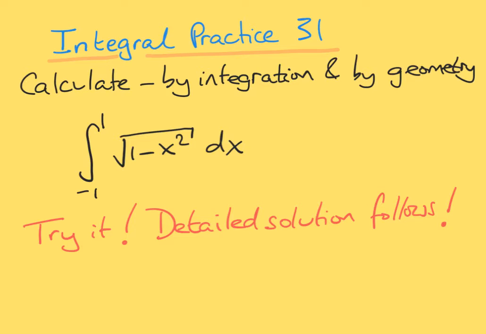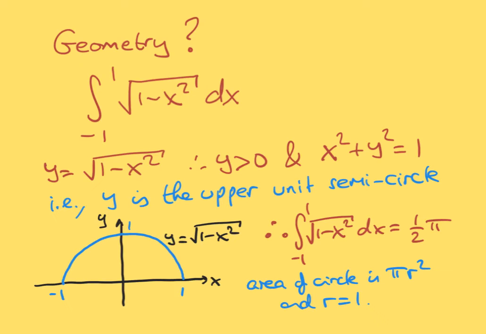Okay, welcome back. I'm going to start using geometry because that's by far the simplest way to calculate this integral. So we look at the integrand. y is equal to the square root of 1 minus x squared.